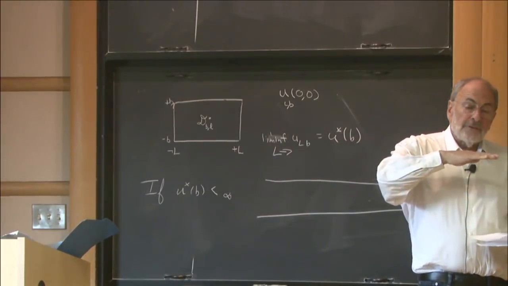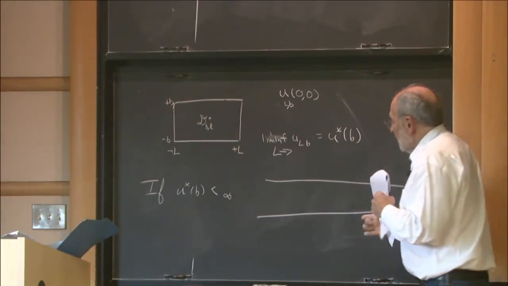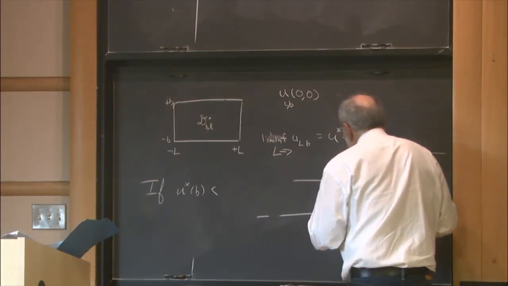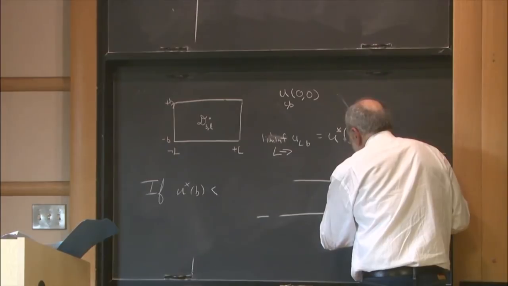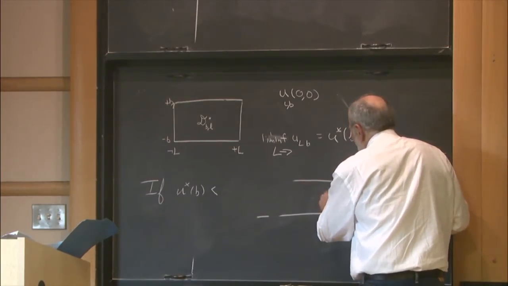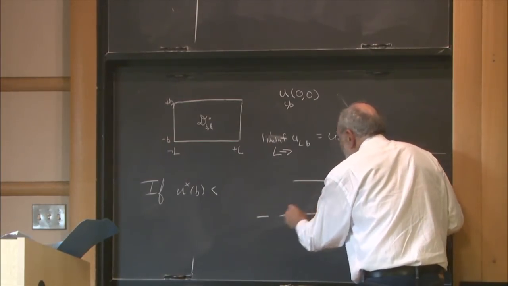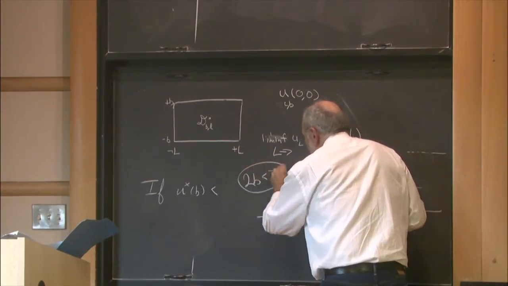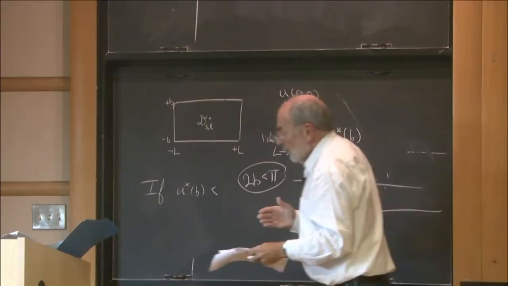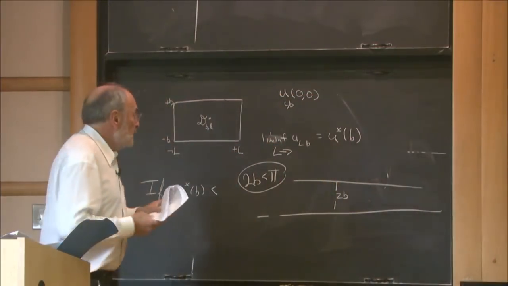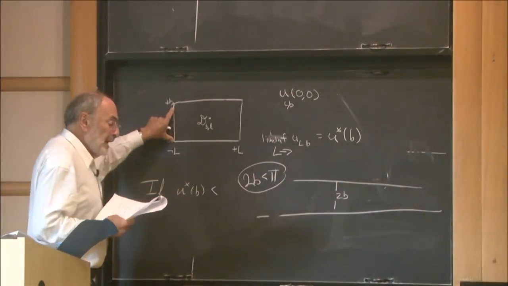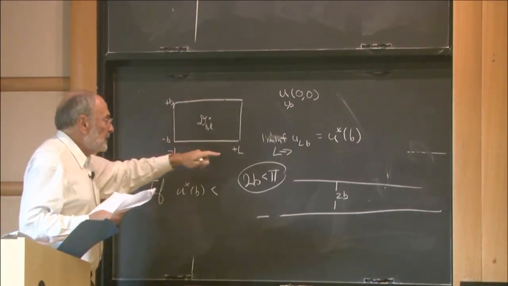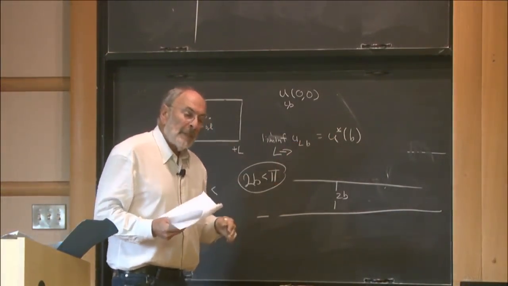It must be the slice of the Grim Reaper, and therefore the width of the limit, you get 2b has to be less than pi. So if I have a strip that's too narrow, that's precisely when this doesn't go to infinity.